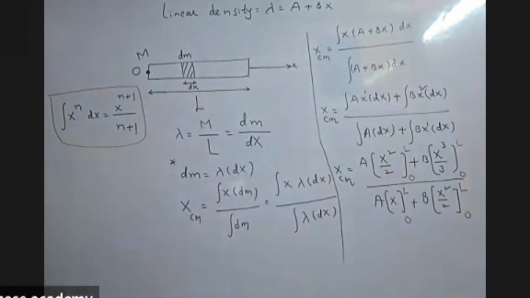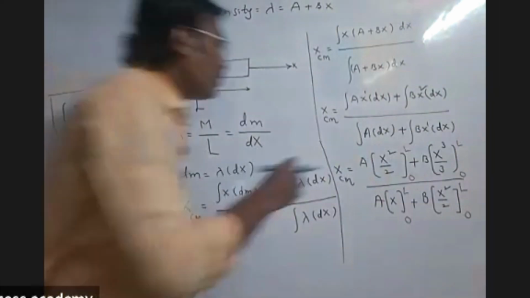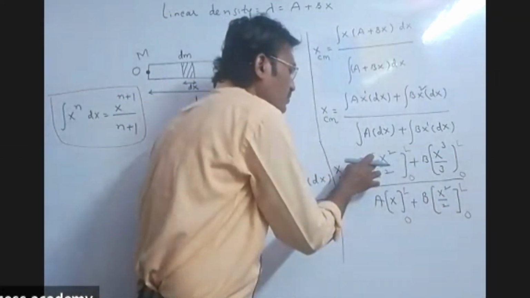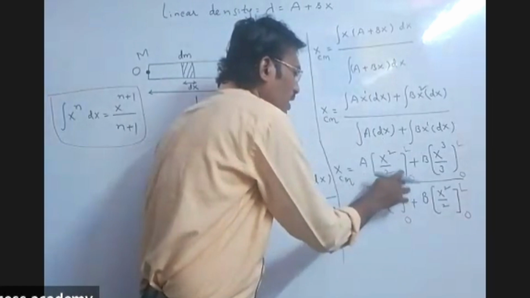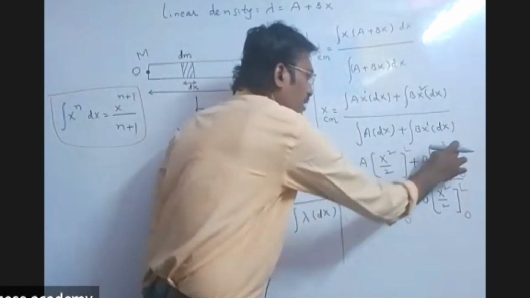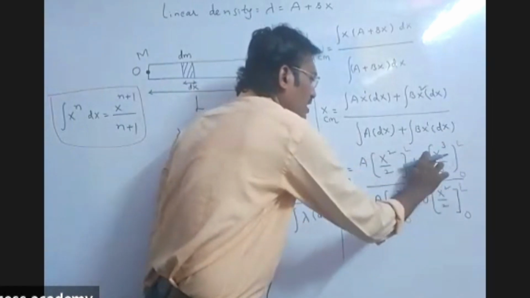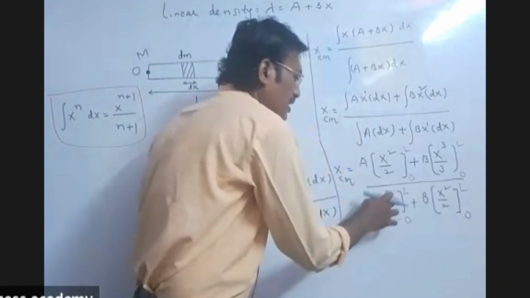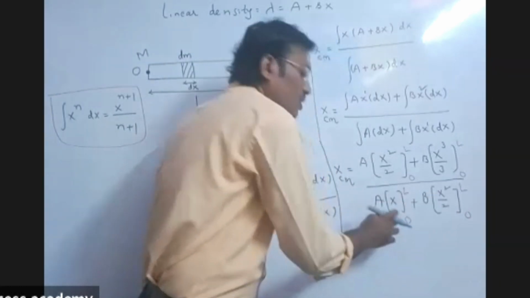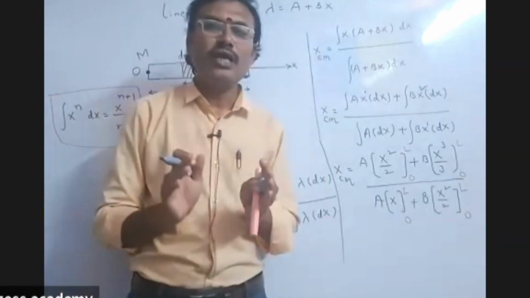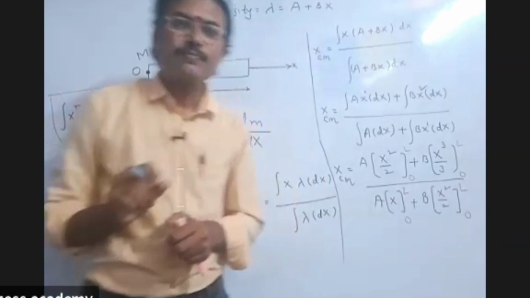Are you getting? Now, if you substitute all these things, then you will get the value as, so upper limit L in the place of x you substitute, minus lower limit 0 if you substitute, and here upper limit L and lower limit is 0. So at the time of substitution of the lower limit, need to keep minus.